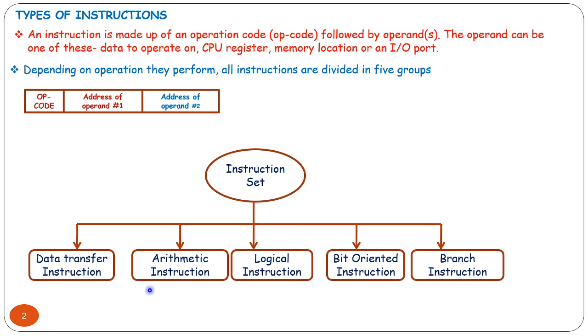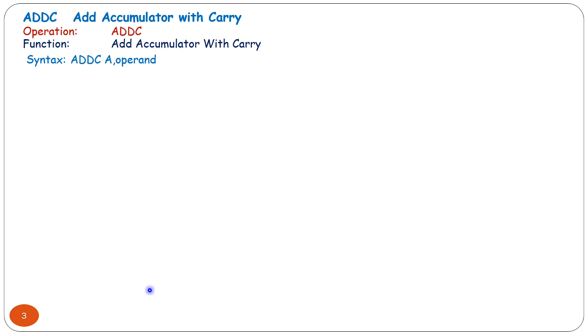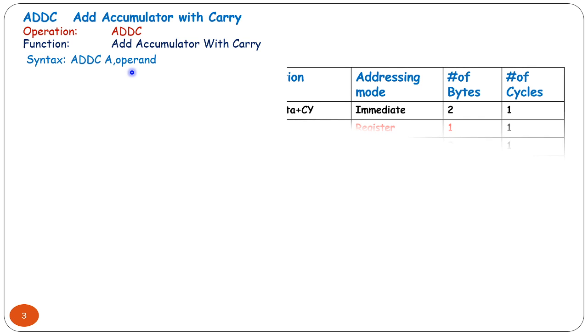In the previous video lecture we saw the ADD instruction, and here we are going to discuss ADDC, add accumulator with carry. Here the carry flag will get set, and according to that the result will change. The operation is ADDC, the function is add accumulator with carry, and the syntax is ADDC A, operand.